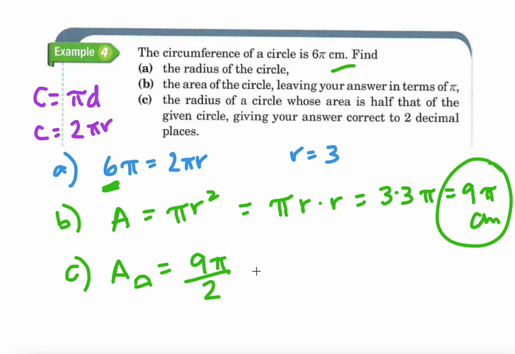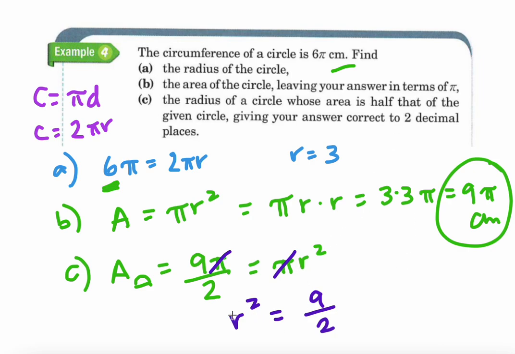But we need to figure out the radius. So if this is the area, and area is equal to pi r squared, we need to figure out, let me get rid of, they both have pi on both sides. The radius squared would have to equal 9 halves. We need a number that multiplies by itself to get to 9 halves.